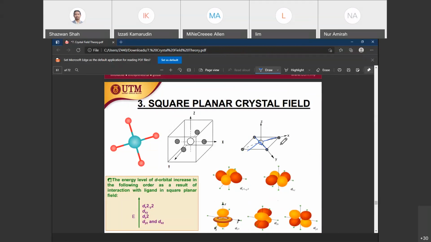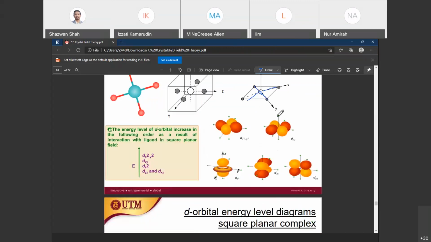There is repulsion between the electrons in the orbitals of the metal and the electrons of the ligands. So anything without Z will be higher in energy. And in the Z direction, there is no ligand.